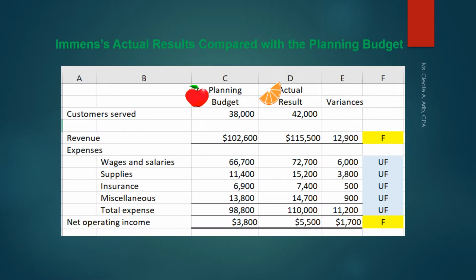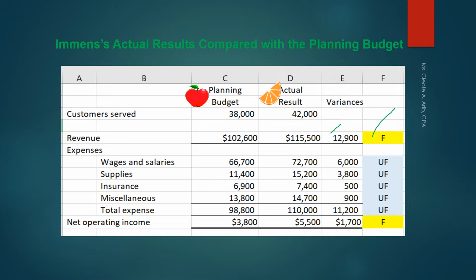In this slide, we can see a table comparing the actual results versus your planned budget. So your actual result shows that there are 42,000 customers actually served versus your planned budget of only 38,000. So revenue-wise, we can see there is a favorable variance of 12,900.